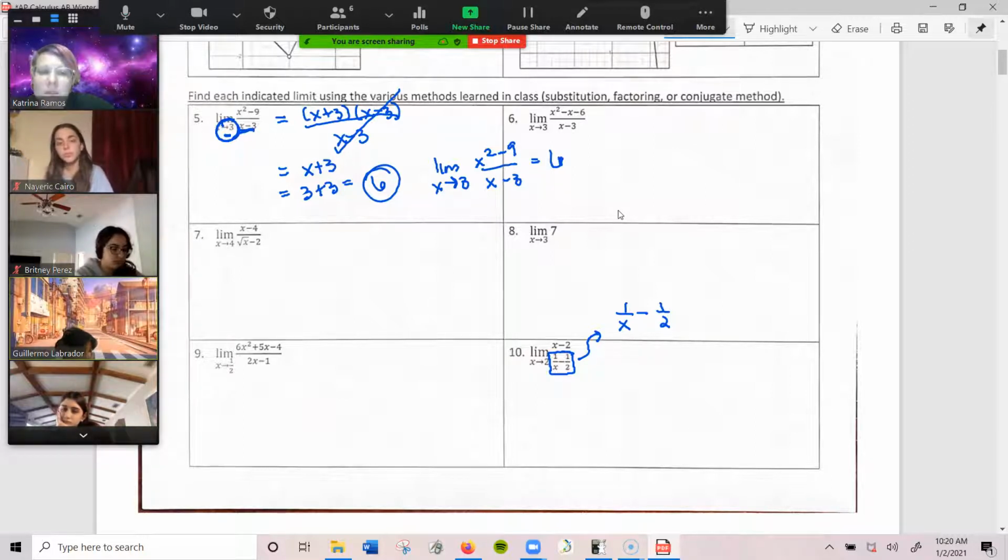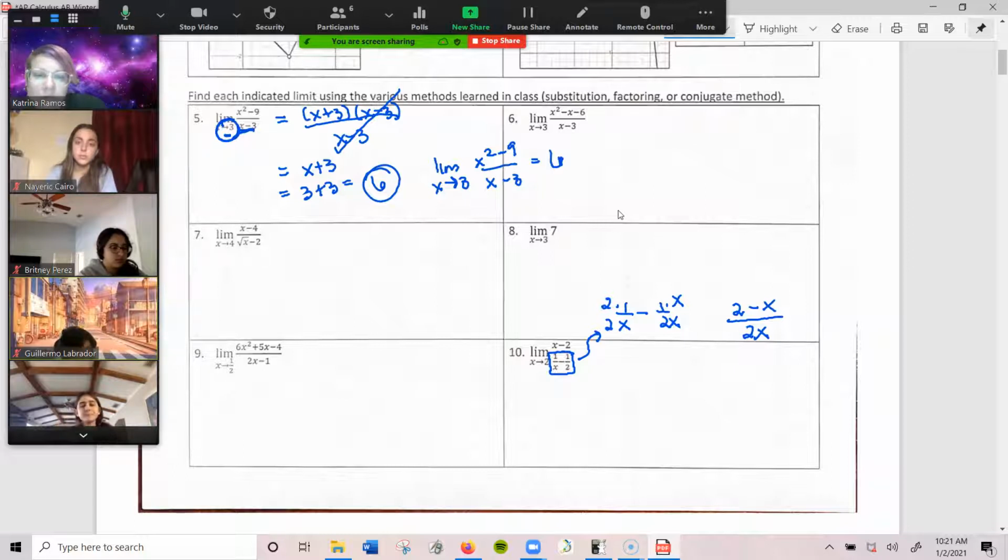Exactly. So this we multiply by 2, this we multiply by 2, and here we multiply x, and here we multiply x. So now I can rewrite this as 2 minus x, and since it's both over 2x, we're going to put it all over 2x. Is this part okay?